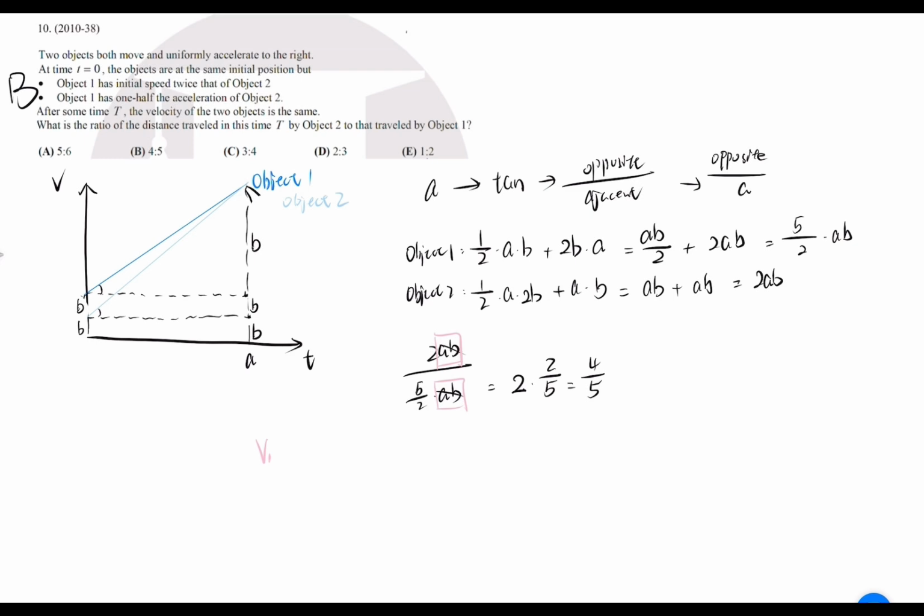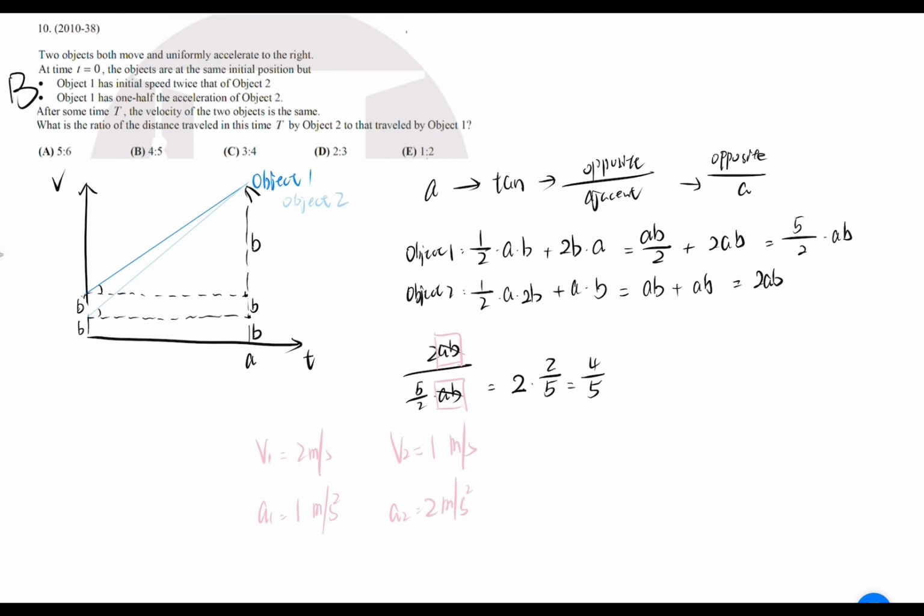If the initial velocity of object 2 is 1 meter per second, it means that object 1 has an initial velocity of 2 meters per second. Now let's do the same for acceleration. If object 1 accelerates at 1 meter per second squared, then object 2 accelerates at 2 meters per second squared.